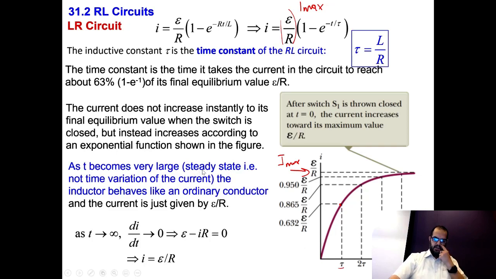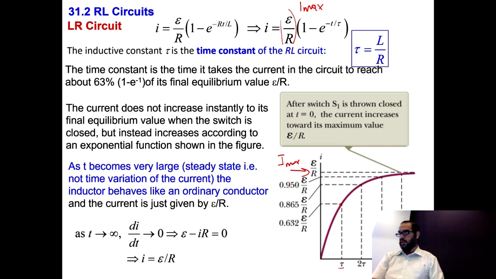As t approaches infinity, you can see that in this case di/dt tends to 0, and as if the inductor is disappearing. In steady state the inductor behaves like a short.